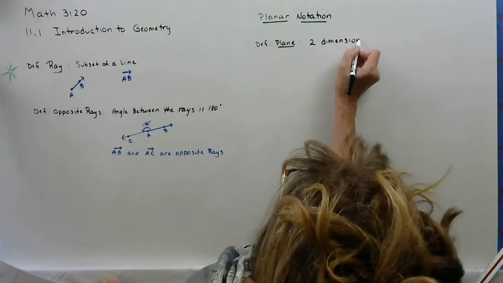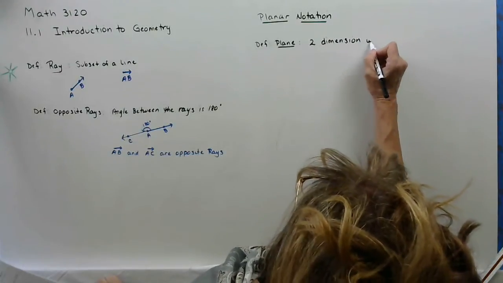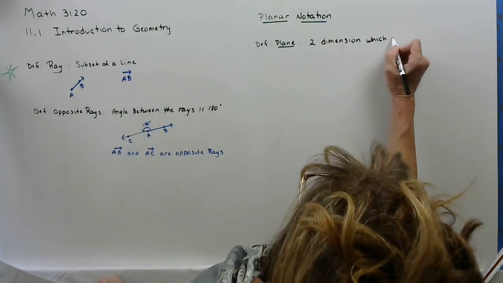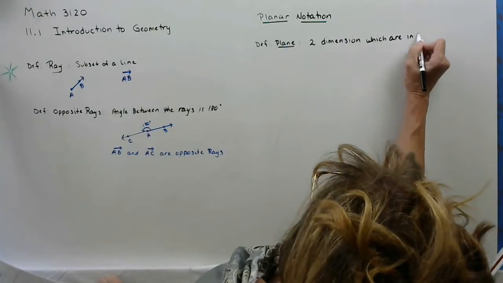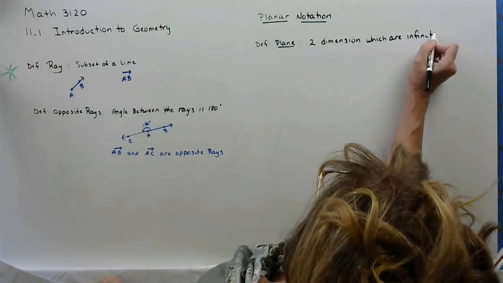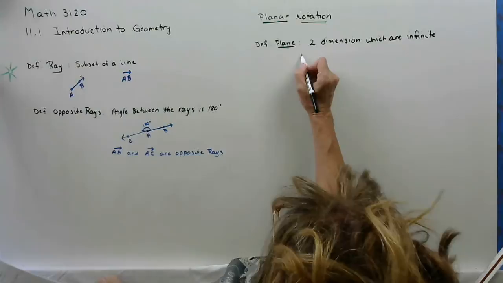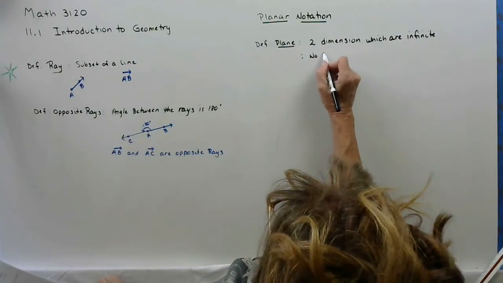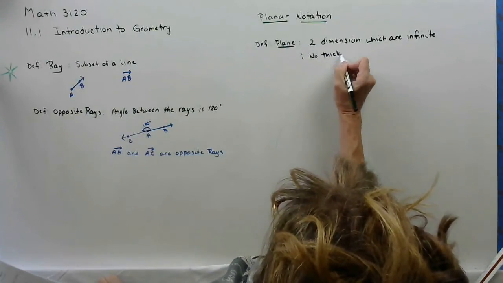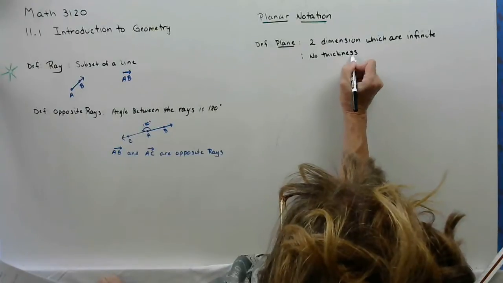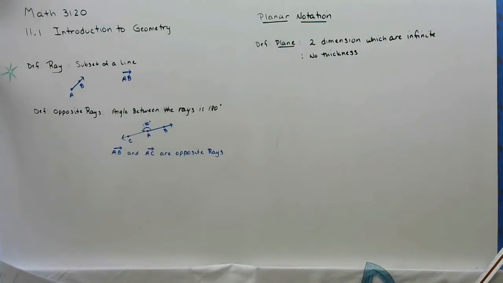Two dimensions which are infinite. It has no thickness. All right, so no thickness.